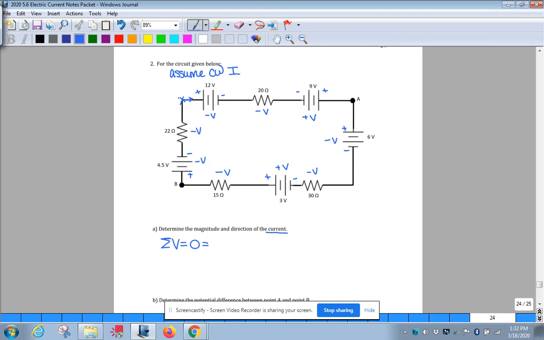So starting up at that upper left-hand corner, I'm going to first have a negative 12 volt potential drop. And then I'm going to have minus I, which is unknown, times 20 ohms. And then I'm going to have a positive potential of 9 volts, followed by a negative potential of 6 volts.